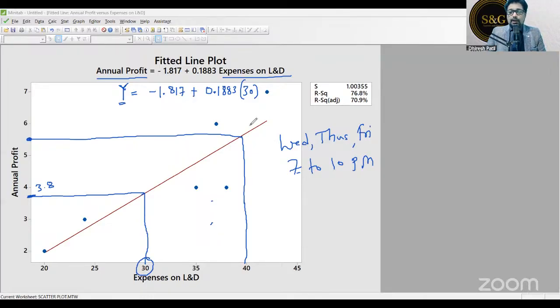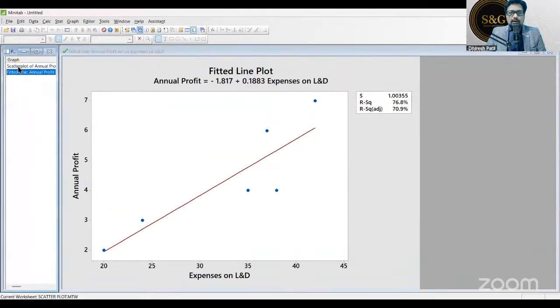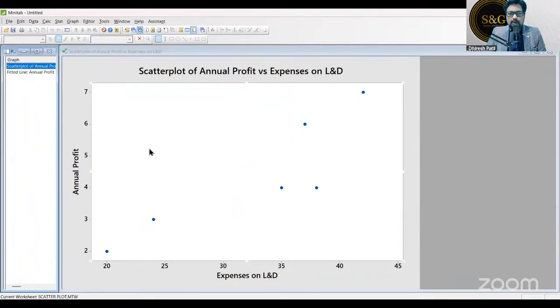Okay. In the previous problem, you are mentioning this scatter plot.